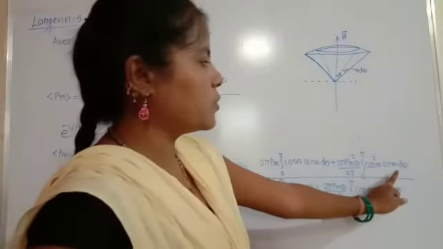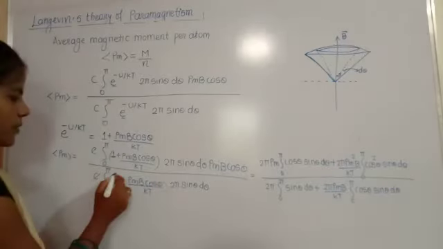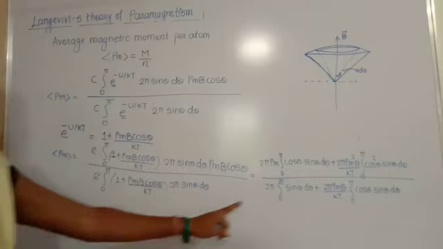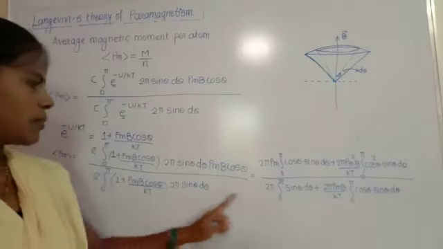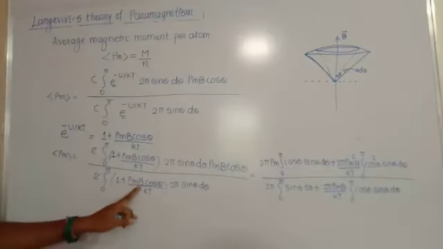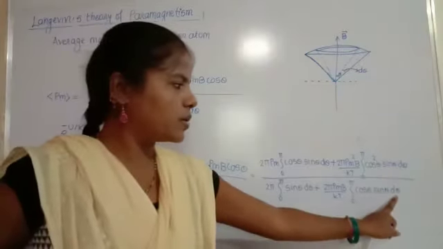Then when 1 is multiplied by 2π sin theta d theta, 2π is the constant taken outside the integration, and only sin theta d theta remains, plus here pm, B, and 2π the constant term, and cos theta sin theta d theta.